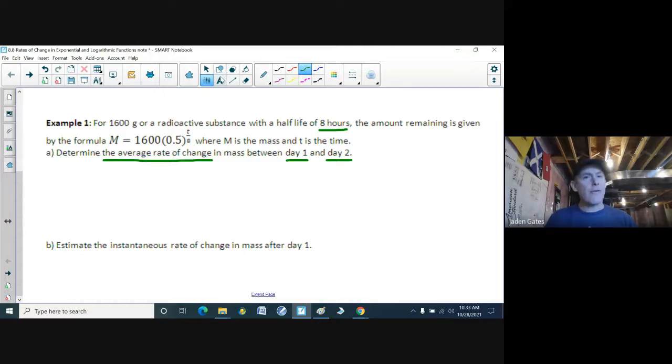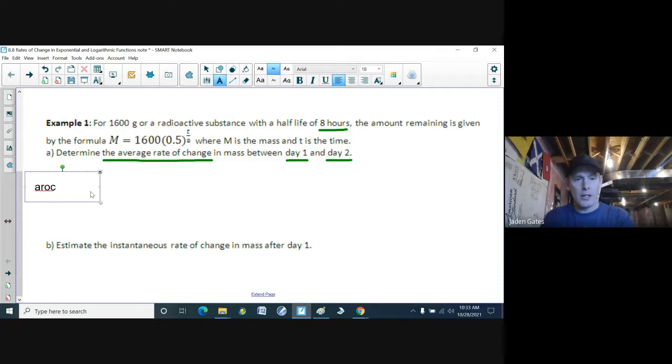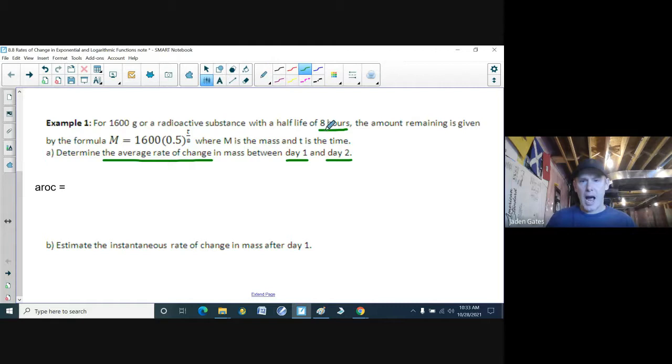All right, so we're first off looking at the average rate of change, which we haven't done much in a while. That is referring to when we're looking at slope. Our half-life formula here is in hours, but we're looking for the change between day 1 and day 2.